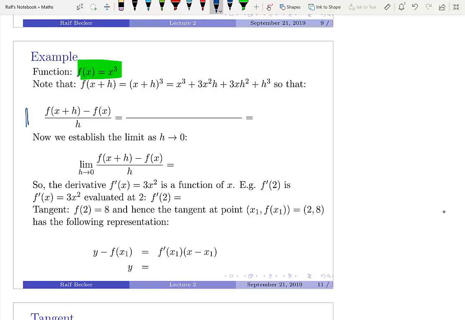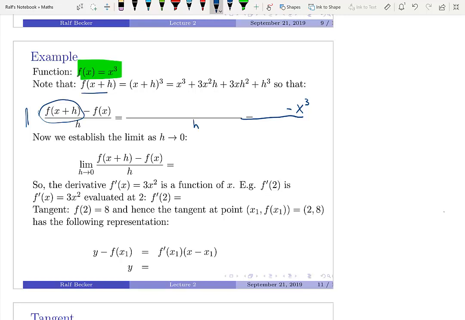This we now want to calculate, and for that we need to calculate the term f of x plus h. But we also need minus f of x at the end, and that will be minus x cubed. Well, we know that already, and at the end we will divide by h. So all we are left with is this term f of x plus h.